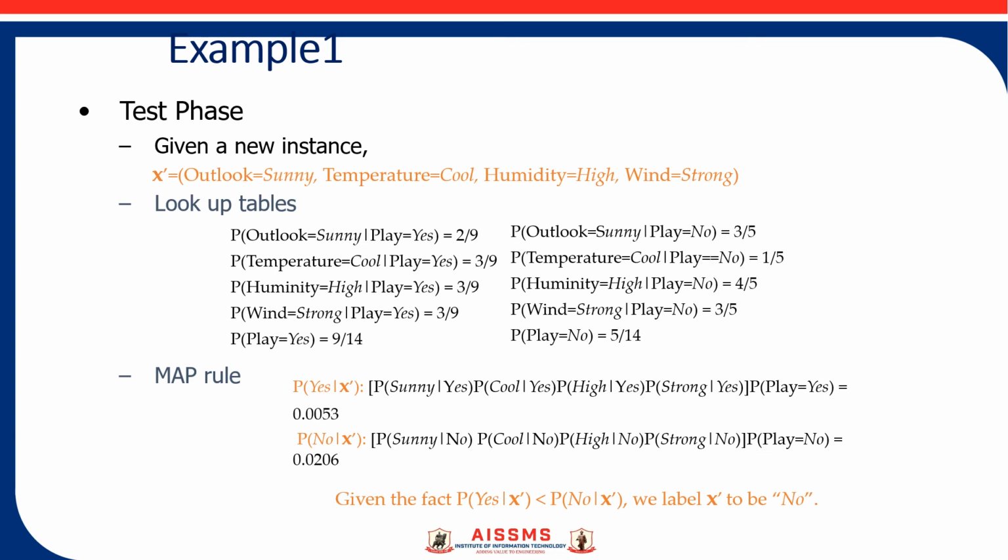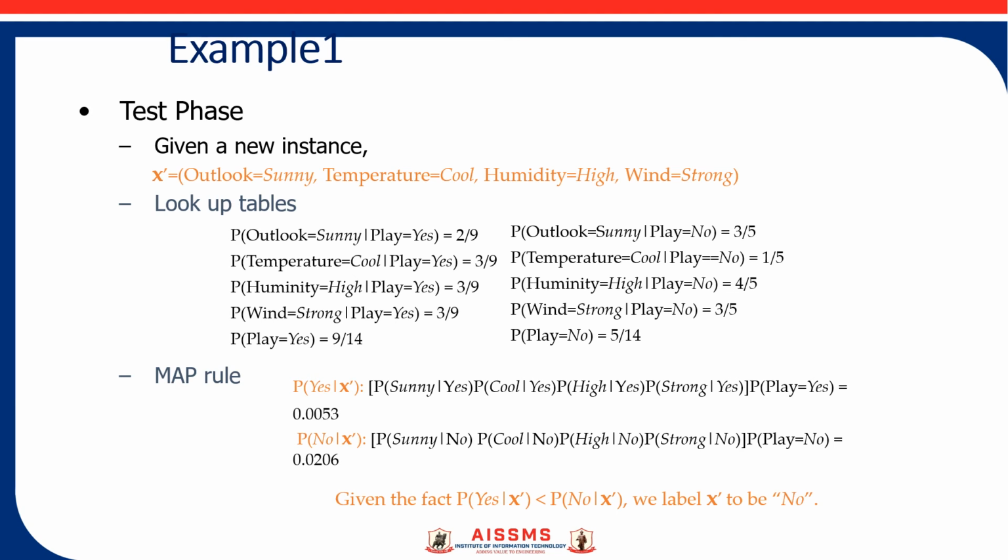For each attribute we find the probability with yes and no. From the lookup table we can easily see the probability of each combination and put in the values. Then, using the MAP rule, we can find the probability of X dash with yes and the probability of X dash with no.